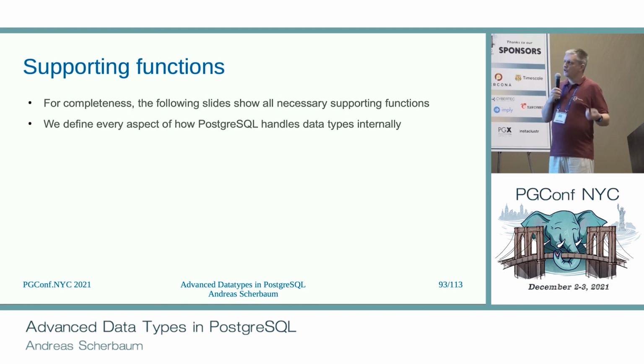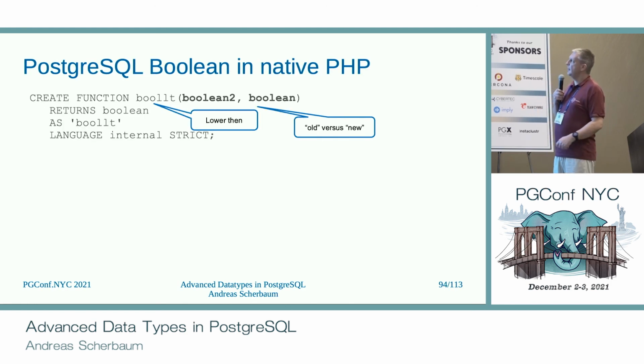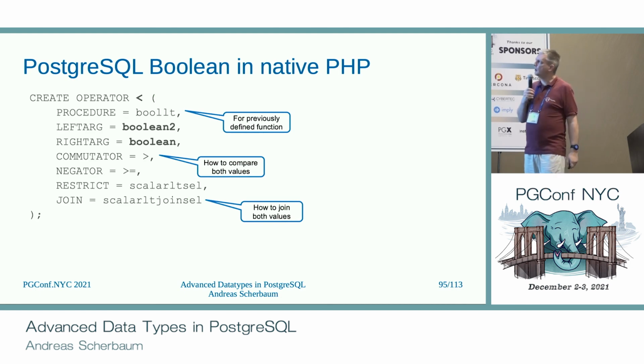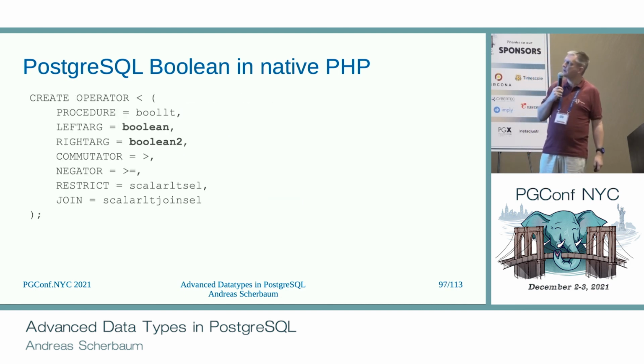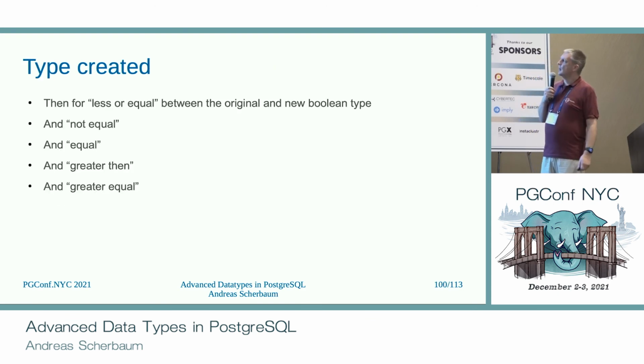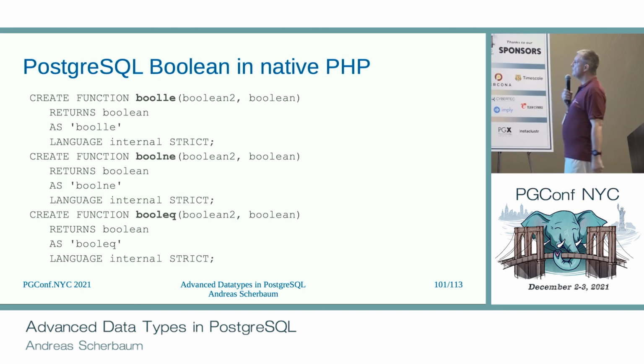Everything else we need to do is just define more functions. Like, okay, we want to do some comparisons, what's lower, what's higher. We want to have a couple of operators on it, like smaller than and greater than, etc. What's equal, so how can we compare this? But it's basically all using the same functions we had for the Boolean type, just using our own data type.